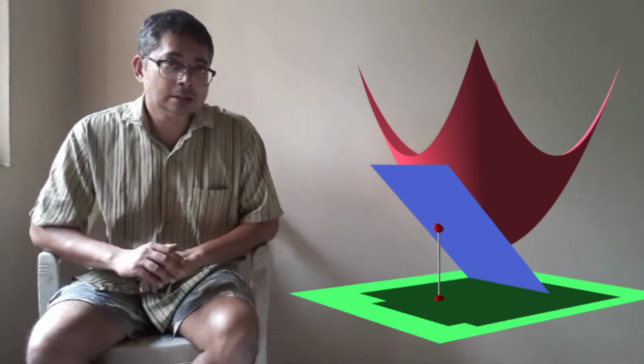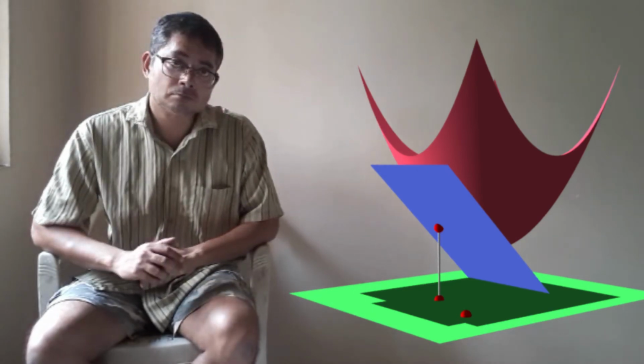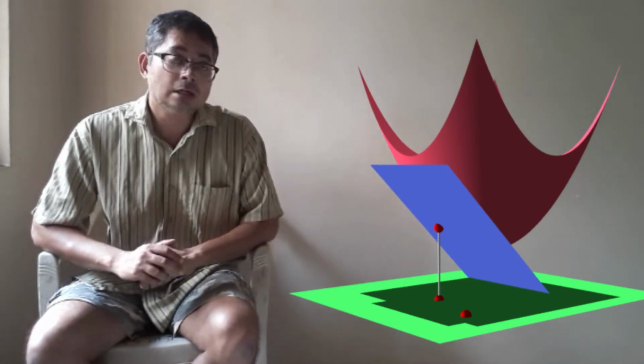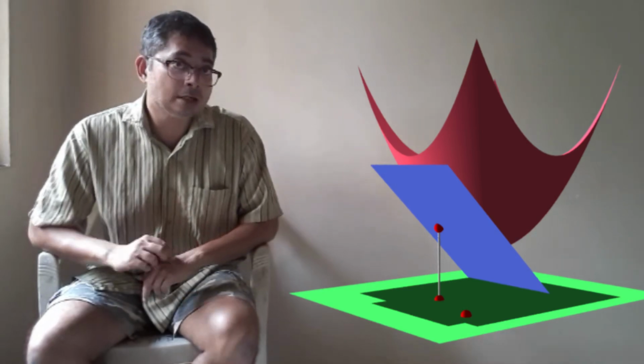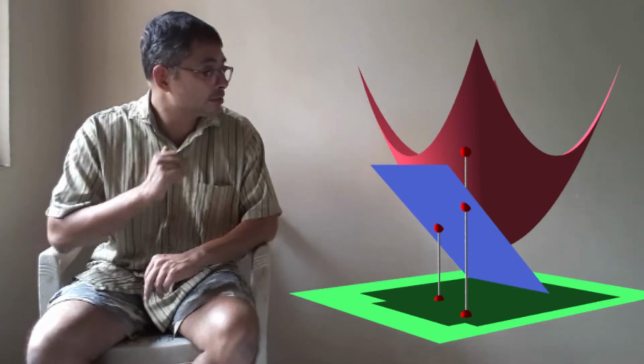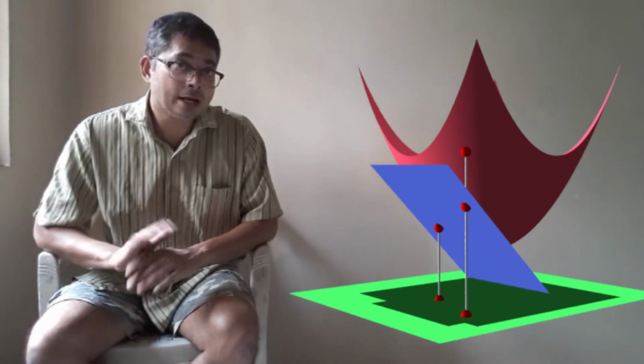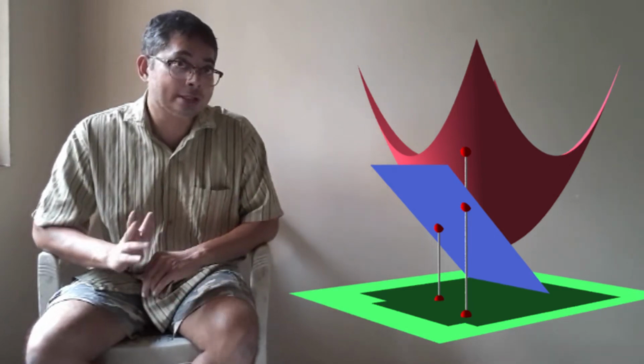To understand that, take any other point on the xy plane. Then, corresponding to that point, there will be 2 points, one on the tangent plane and one on the surface. There is no guarantee that these 2 points will coincide.